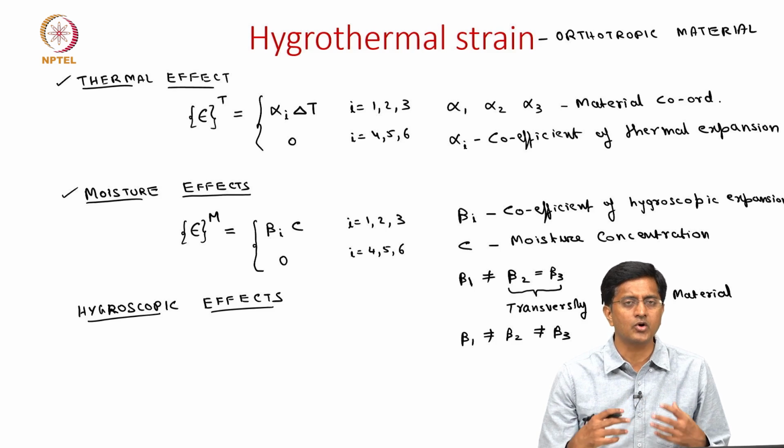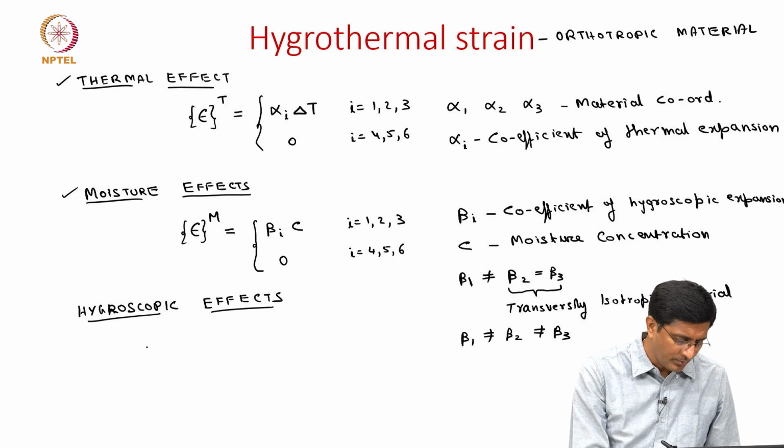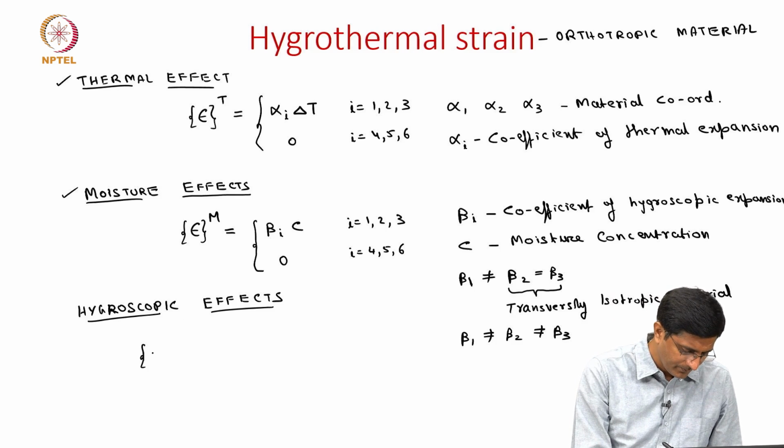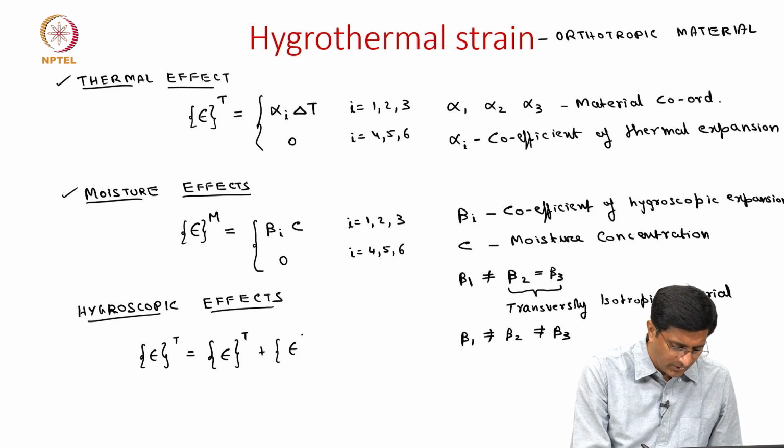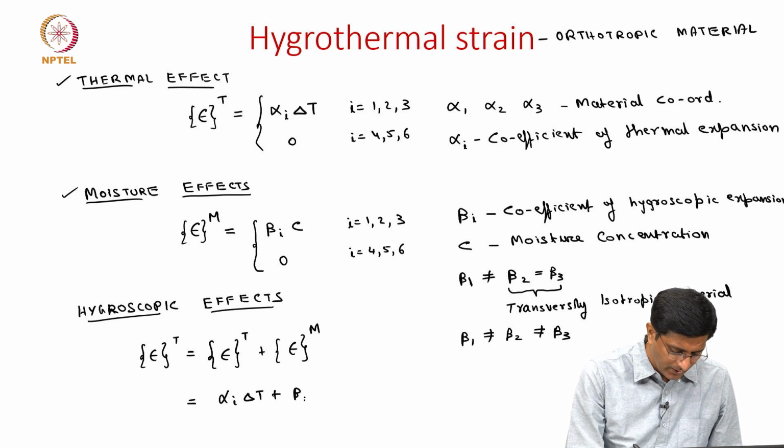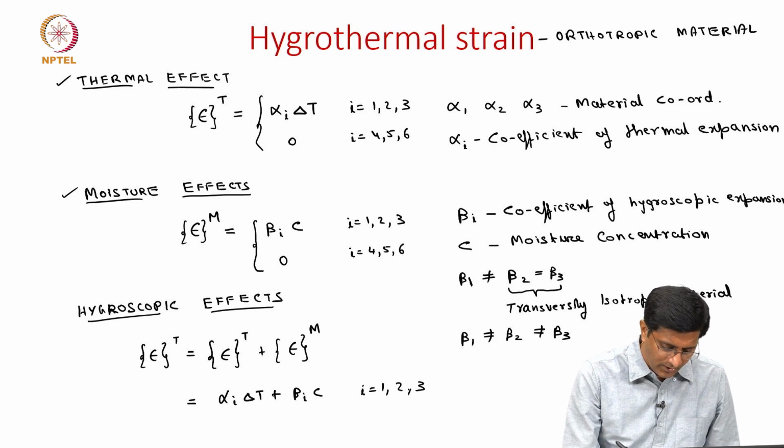The total strain because of the hygrothermal effects is the summation of strains coming from the temperature effects plus the strains coming from the moisture effects. Which can be written as alpha i delta T plus beta i times C when i equals 1, 2, and 3, and is equal to 0 when i equals 4, 5, and 6.